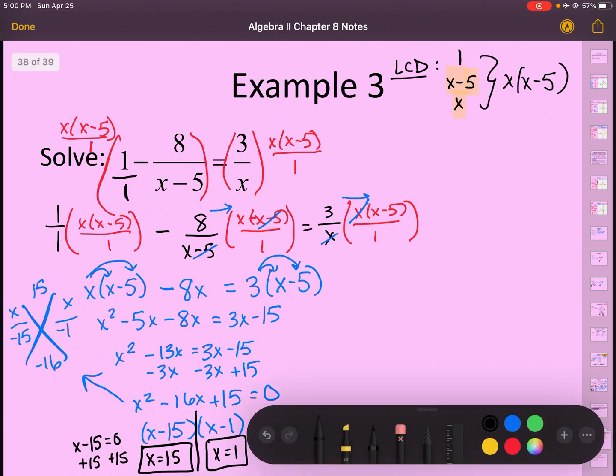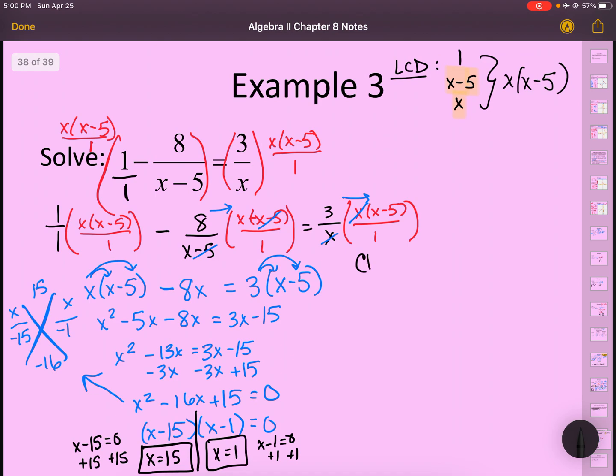So now we're going to check these individually. So being 15 and 1. So now, if I check here, this is 1 minus 8 over 15 minus 5 equals 3 over 15.